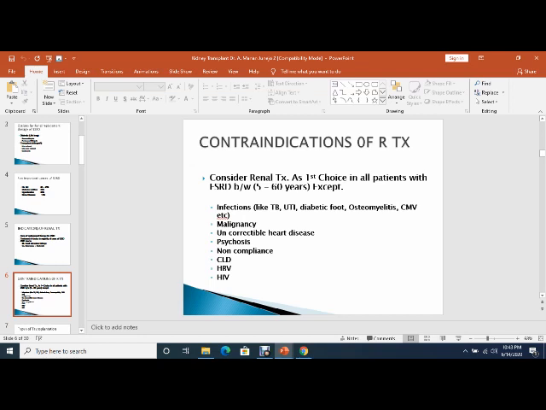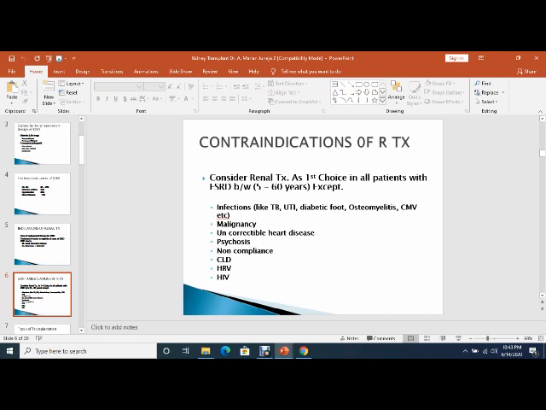First treat these conditions, then you can do the kidney transplant. Or diabetic foot, gangrenous foot, osteomyelitis, CMV infection. So first treat these underlying problems, then you can do the kidney transplant.